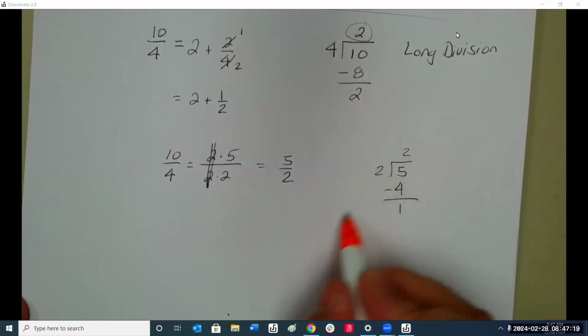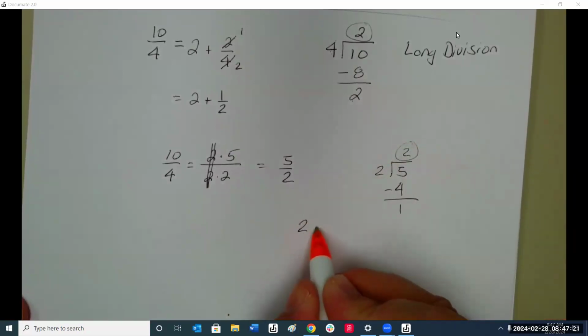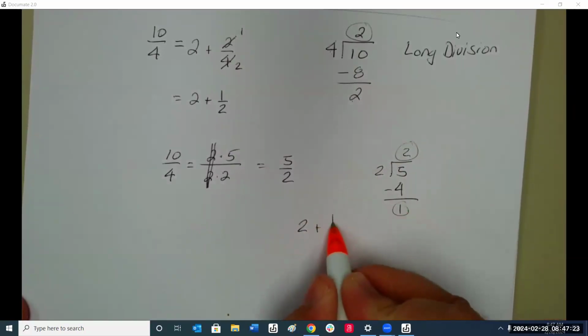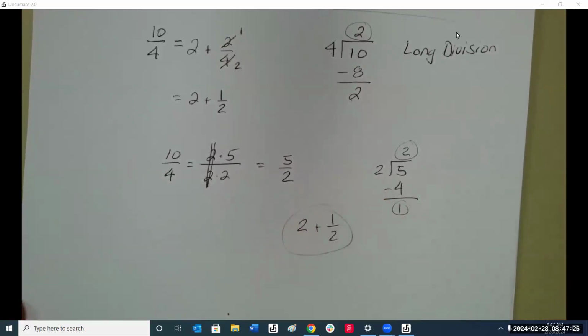So here we have our 2 plus 1/2. So you can either simplify it at the beginning or simplify it at the very end. Either way, if it's simplifiable, then you can simplify it.